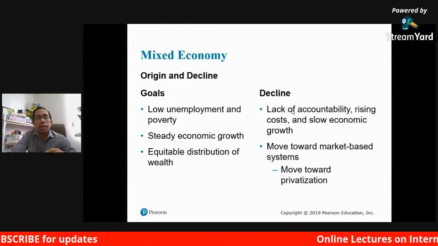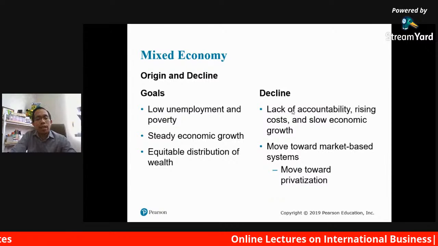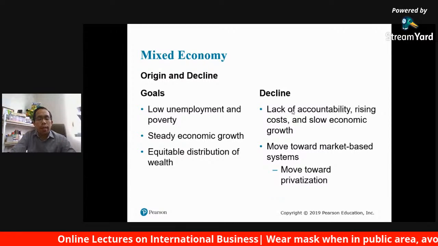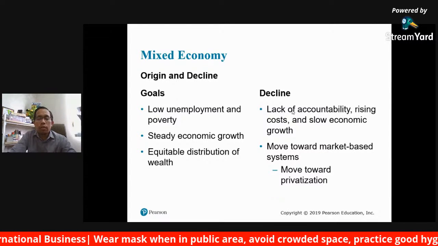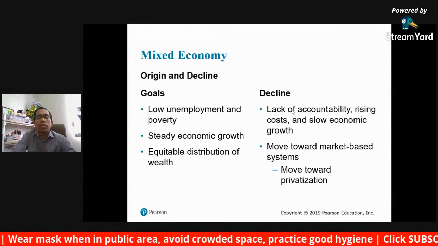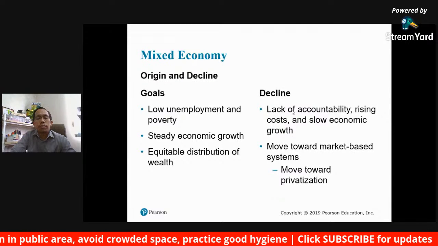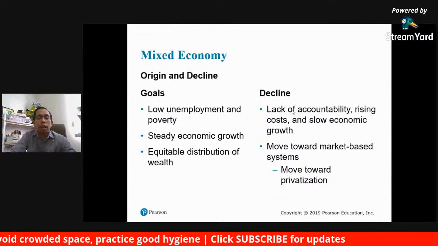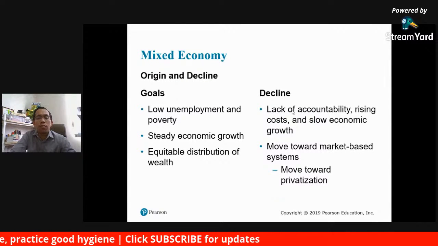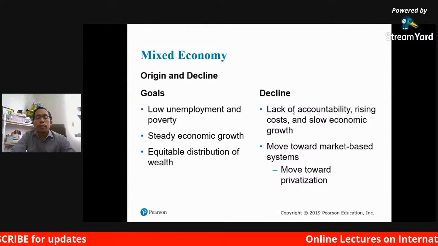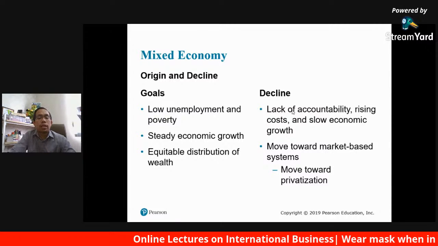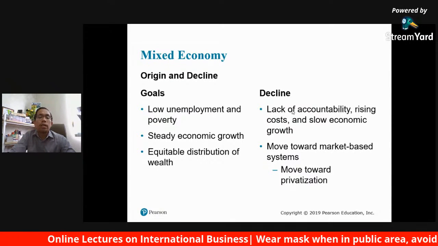The good things in a mixed economy are steady economic growth and equitable distribution of wealth. However, not all things go well for a mixed economy. It can lead to lack of accountability, rising costs, and slow economic growth, costs from government economic activity.